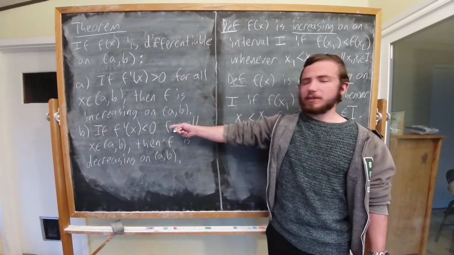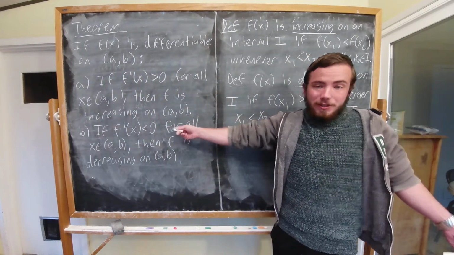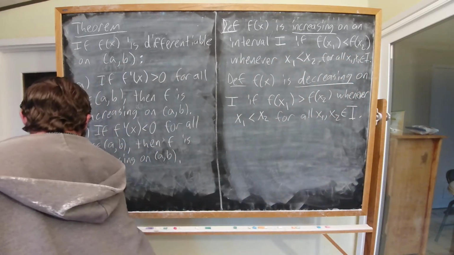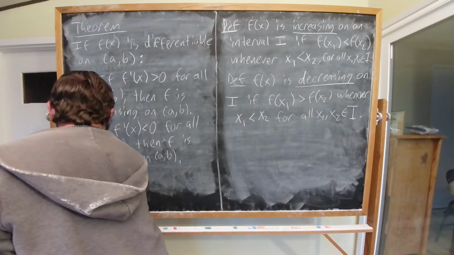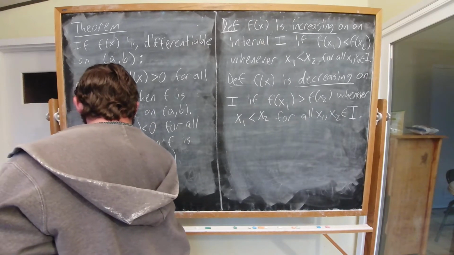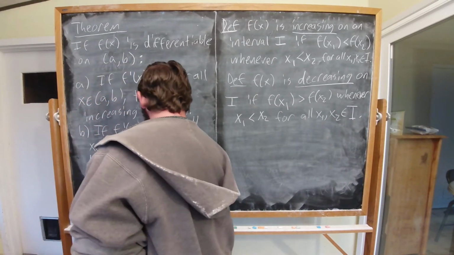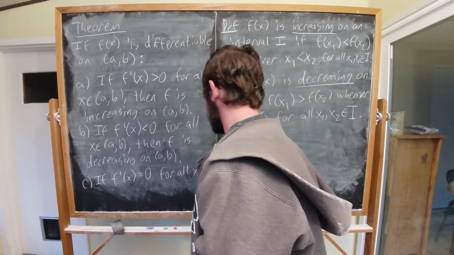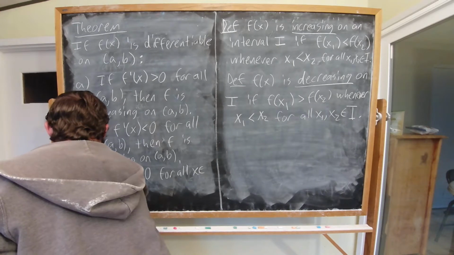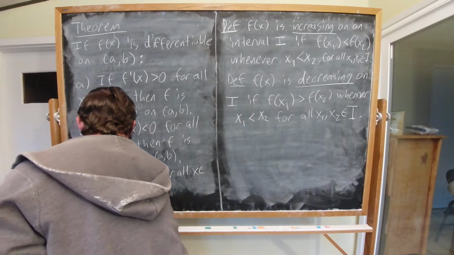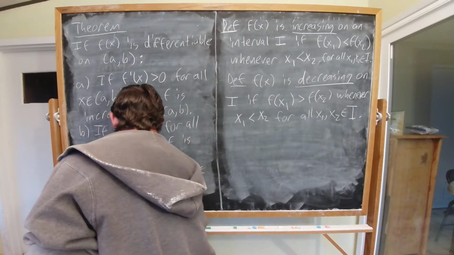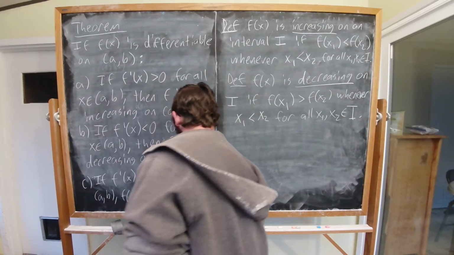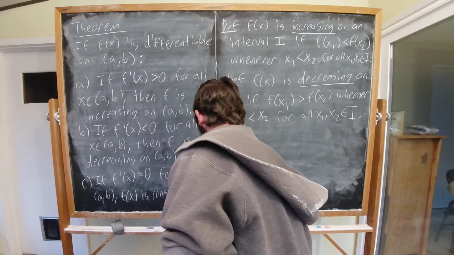This is greater than 0, less than 0. Third case is equal to 0. This theorem is going to give us something for that too. If f prime of x equals 0 for all x in a to b, f of x is constant on a to b.